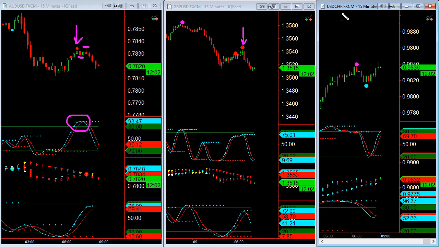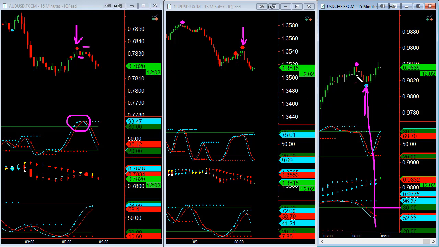Then when you come over and you look at the USD Swiss franc, this is your entry signal. And notice that when you get the reversal bar, the stochastics is already below the overbought line. So that's pretty important to make sure that you're not buying into a market that is overbought.